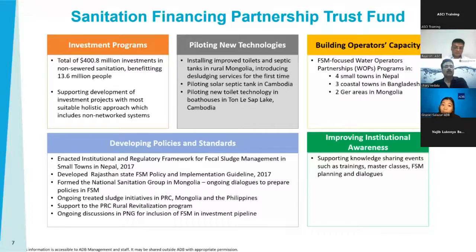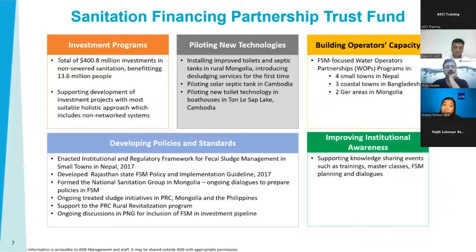This fund particularly supports the identification, testing, and pilot implementation of innovative sanitation solutions, such as new policies, business models, and technologies to increase support for non-sewer sanitation and septage management in ADB's developing member countries.